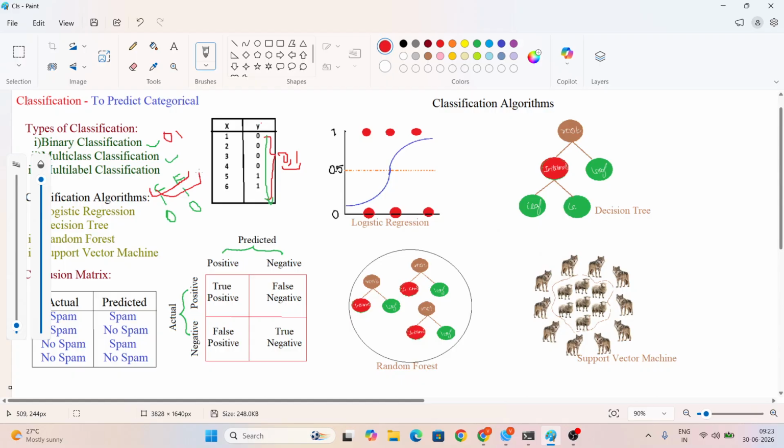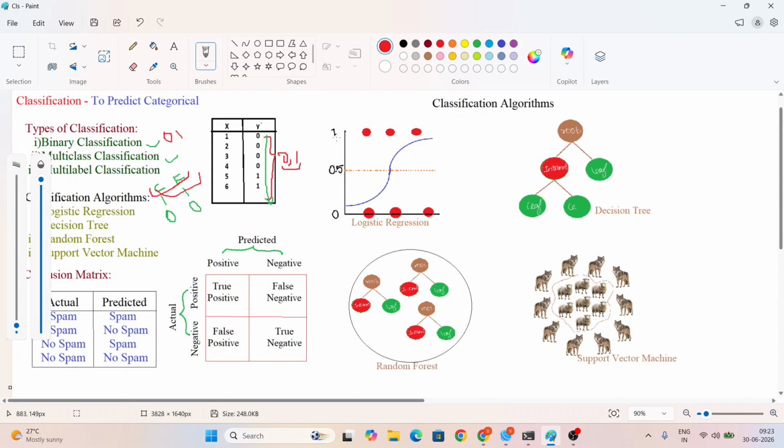And the next one, so guys, see, the first algorithm is logistic regression. Logistic regression is used only for binary classification.